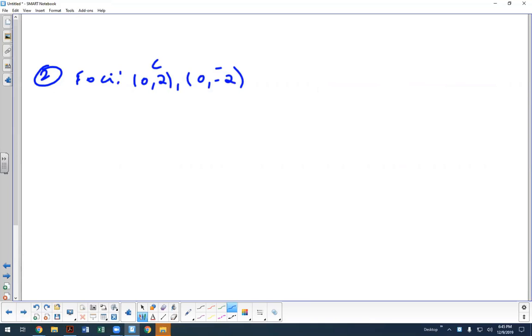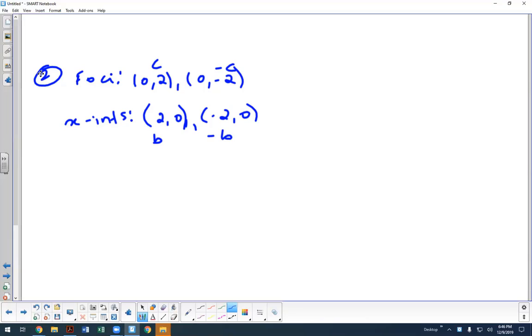So again, remember, foci is always going to be c, no matter what, okay? Then they are telling us x-intercepts are at 2, 0, and -2, 0. So in this case, x-intercepts are now actually going to be your b variables.